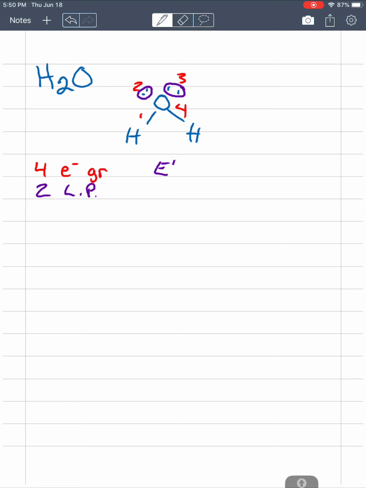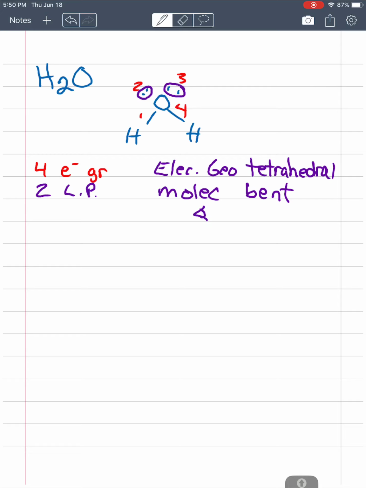So that means the electron geometry is tetrahedral. The molecular geometry is bent. And the angle for this is less than 109.5 degrees.